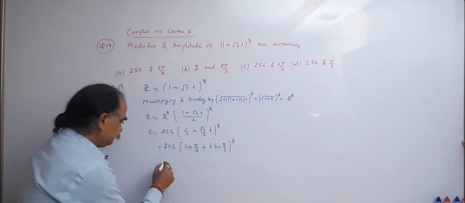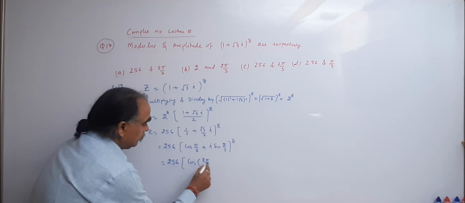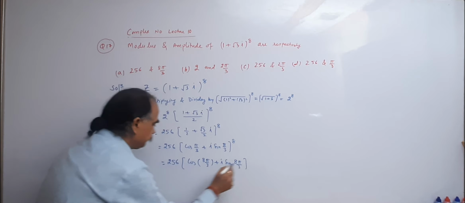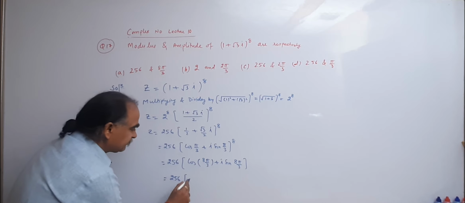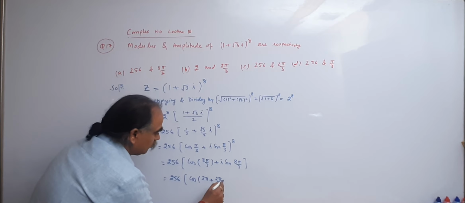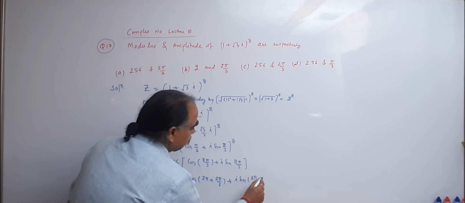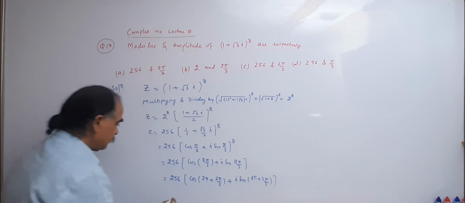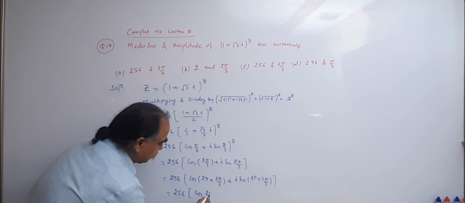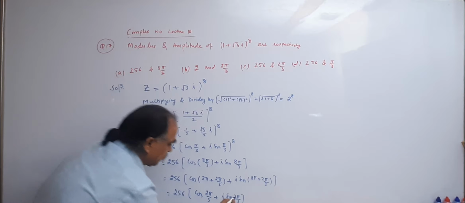Now we will apply De Moivre's theorem. 256 (cos 8 pi by 3 plus i sin 8 pi by 3), which is 256 (cos (2 pi plus 2 pi by 3) plus i sin (2 pi plus 2 pi by 3)), which is 256 (cos 2 pi by 3 plus i sin 2 pi by 3).